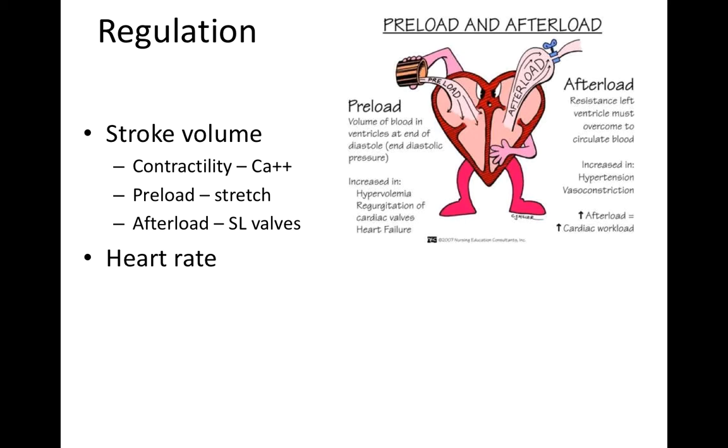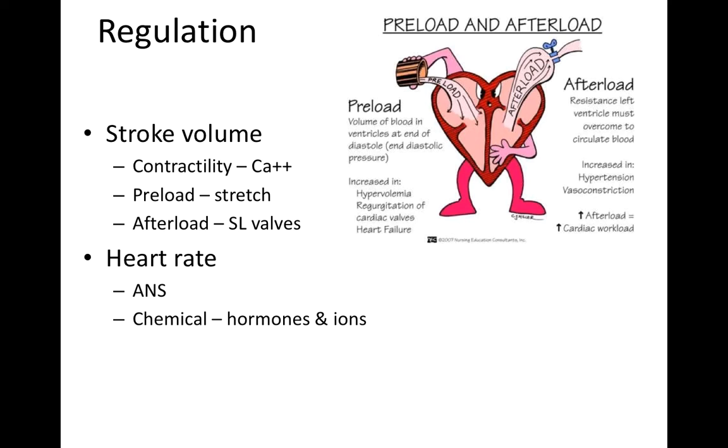The other half of this equation is heart rate. The autonomic nervous system is a primary regulator of heart rate. We know this. We've got sympathetic and parasympathetic innervation, so we can speed it up or slow it down as needed. The other component that's going to come into play is different chemicals. We're going to talk about different hormones and different ions that can affect how well your heart is going to undergo this rate.